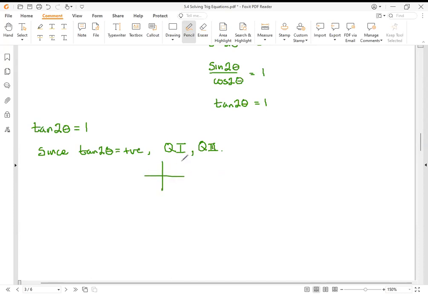If I have quadrant 1, tangent is opposite over adjacent. What angle makes that into a 1? And in quadrant 3, the same thing. It would be opposite over adjacent. What angle creates these triangles? You can solve it that way, but I don't like doing this. I always think about it as quadrant 1.